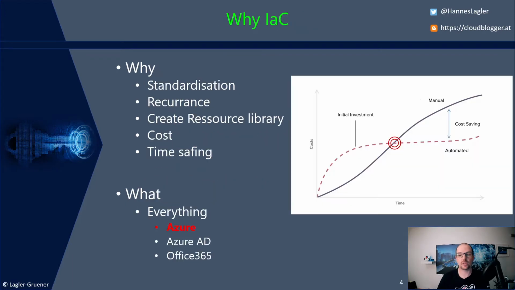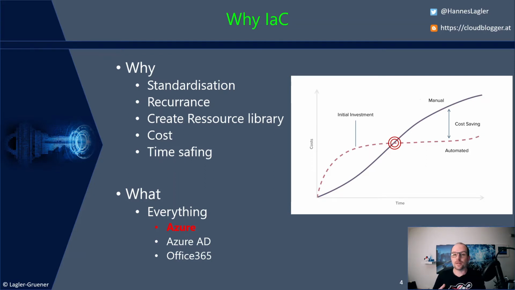Why infrastructure as code? The why, it's really easy to answer. Because you have to implement standardization. So when you have a bigger environment in Azure, the first thing about your governance is you have to define a naming standard. You have to define security options.